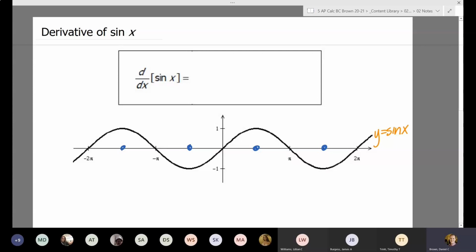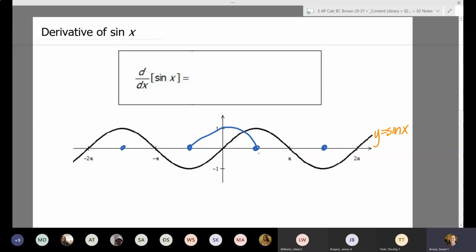Looking at this graph, it's increasing, decreasing, increasing, decreasing, and there's some concavity to it as well. I'm going to start at negative pi over 2. Looking at my graph, it is increasing and concave up. Then it switches to increasing and concave down, but it's still positive.